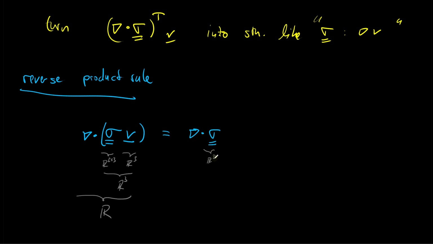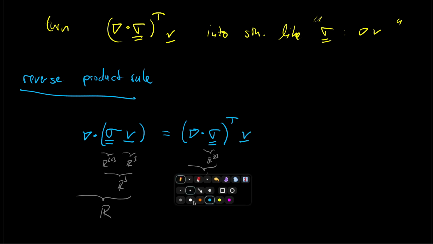So this is again 3x3. And if we take the divergence of a matrix, we will get a vector. And now in order to still get our contraction down to a scalar, we have to scalar multiply that with the test function. So then we will get our scalar value again.